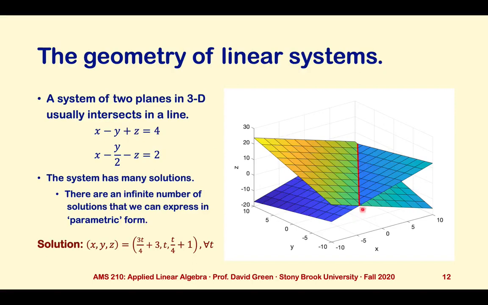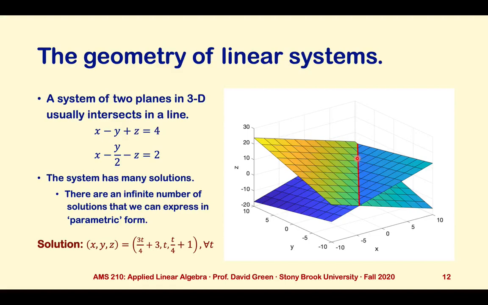And these intersect along a line, the line here. Every point on this line is on both of the planes at the same time. That means it's a solution to both equations at the same time. It's a solution to the system. It's a line. There's an infinite number of points on a line. There's infinitely many solutions to this system.